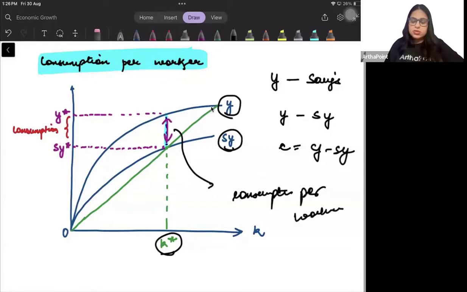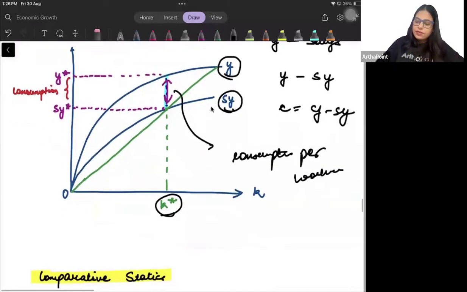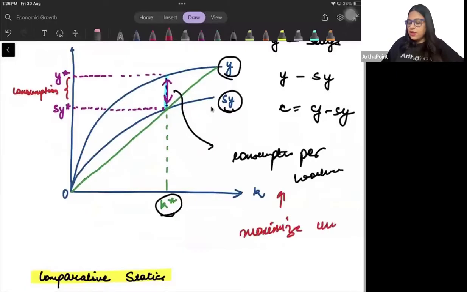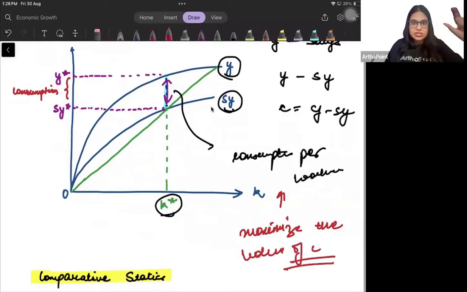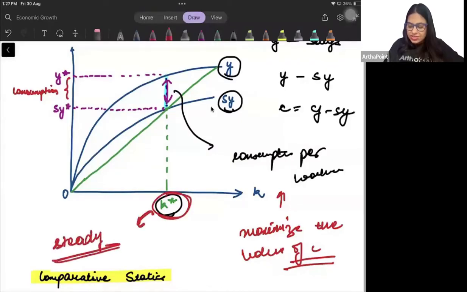Now, many times we want to maximize the value of this consumption per worker. हमें ये हर वर्कर को कितना कंजम्पशन मिल रहा है, कभी कभी हमारा aim होता है to maximize that level of steady state capital, जो steady state capital consumption per worker को maximize करता है, माने इस गैप को maximize करता है, but steady state होना जरूरी है.